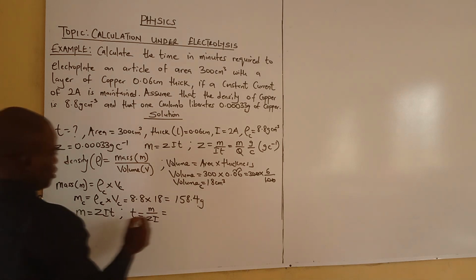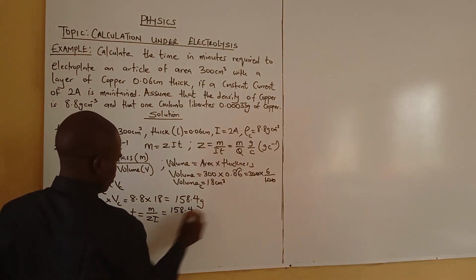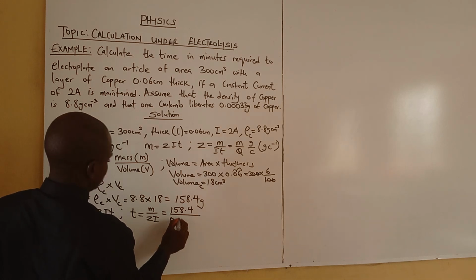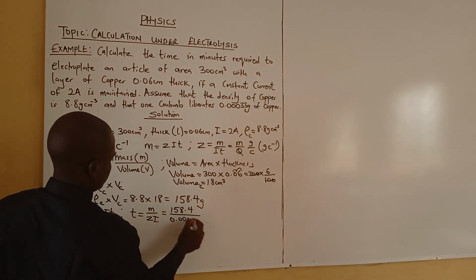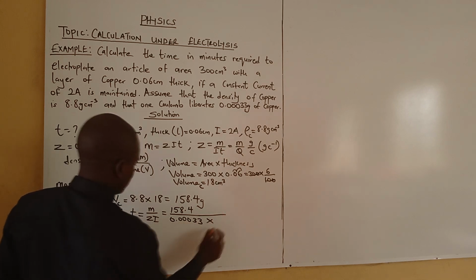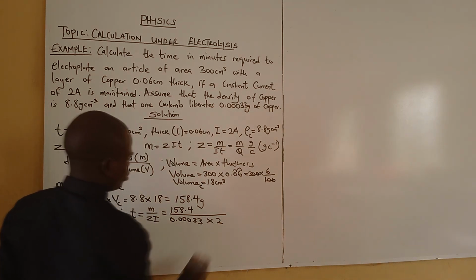What's our mass? We have 158.4 divided by Z, 0.00033, times current. Current is 2.